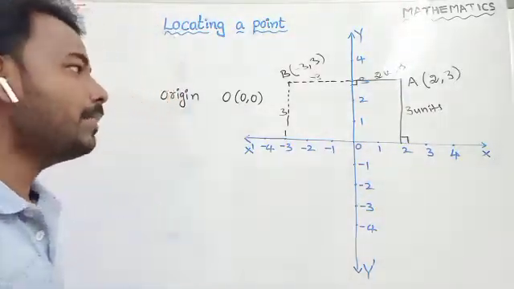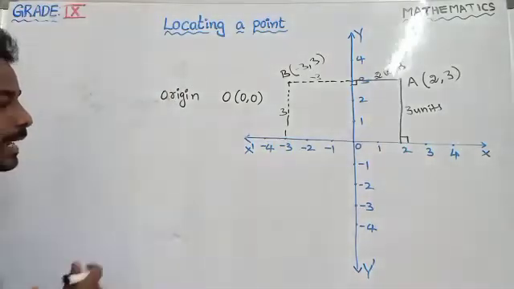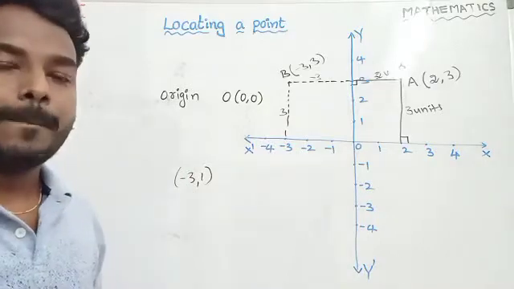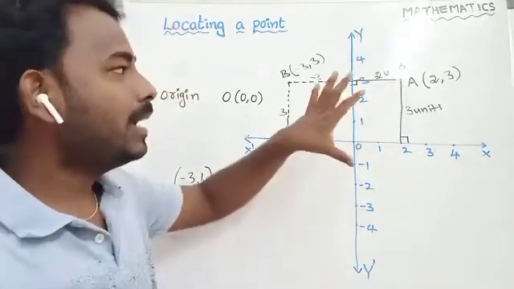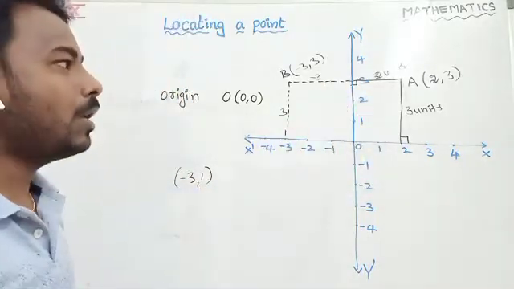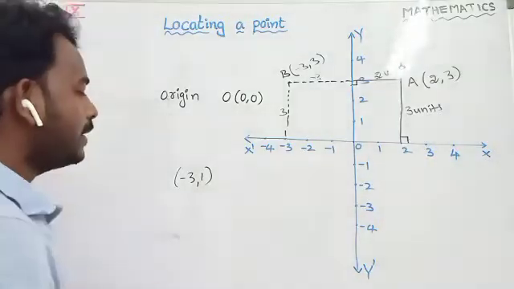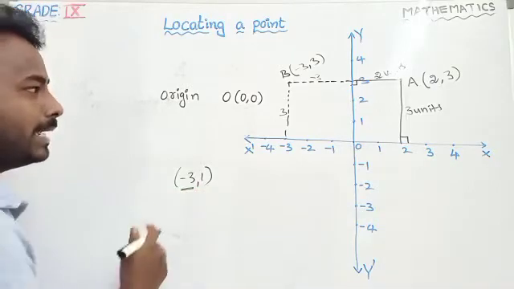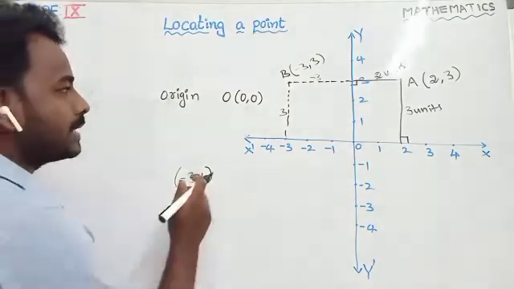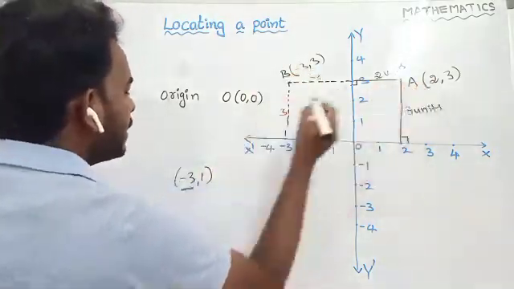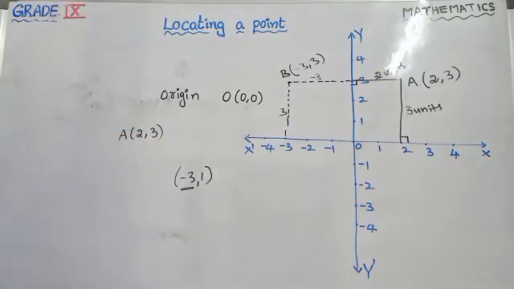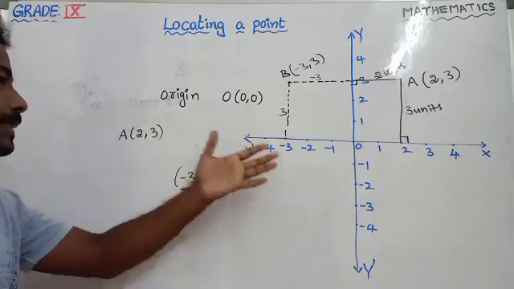Okay, for example, if you want to locate a point (minus 3, 1) on the xy plane, how can we consider? We consider first minus 3. One more thing you need to understand here: for example, if 2 comma 3 is there, then 2 comma 3 is the position of point A in the xy plane.